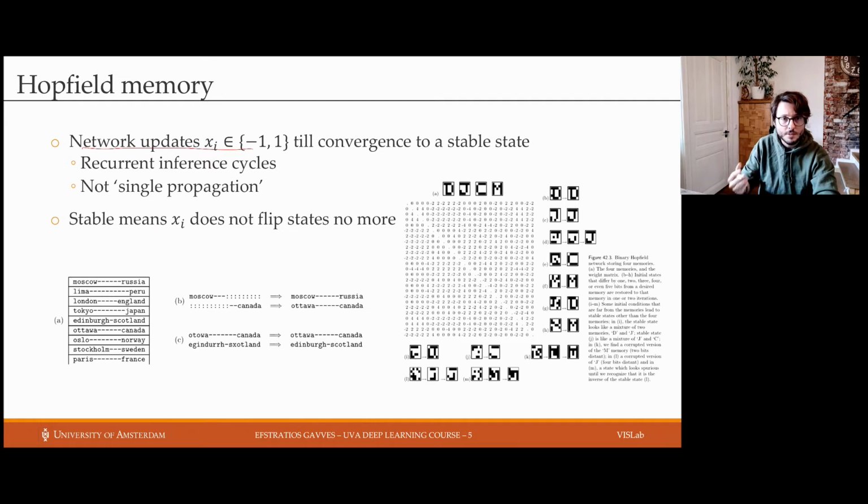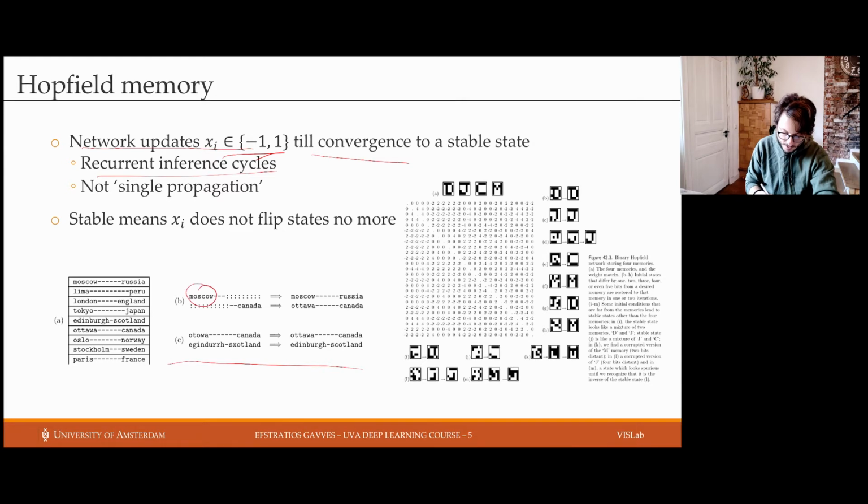Our network updates the states of neurons until they converge to a stable state. So we've got recurrent inference cycles, right? The neurons reinforce each other again and again until basically they stop changing. So we don't have a single propagation like with feedforward networks. Here we can see two examples of what a Hopfield memory looks like.